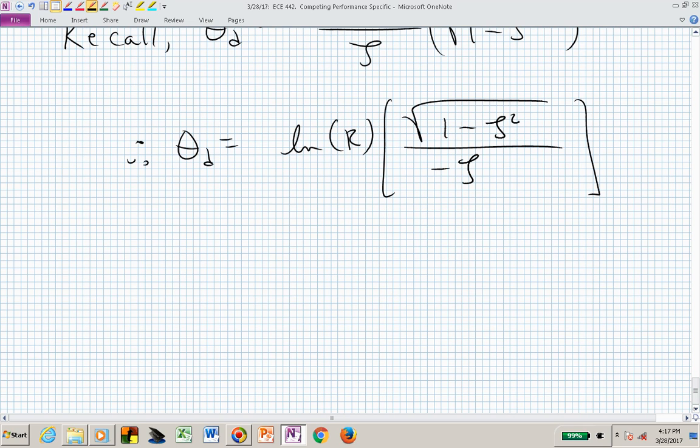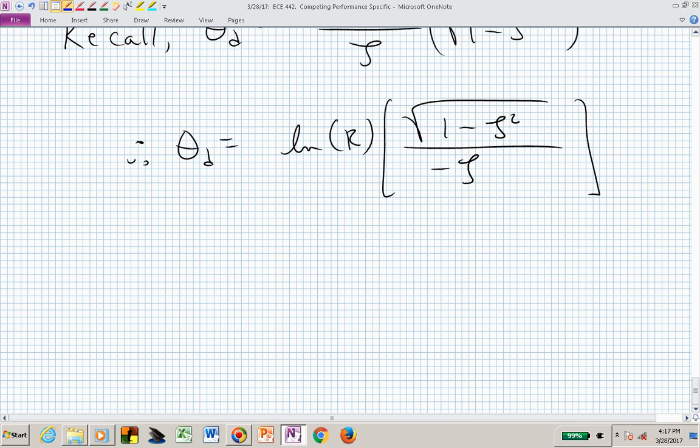What do I know? I know the angle theta sub d that I want from my peak time spec. I know zeta that I want from my percent overshoot spec. I'm trying to find a smaller r value that will be compatible with those other two specifications.